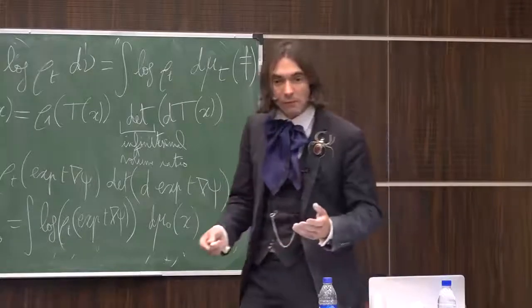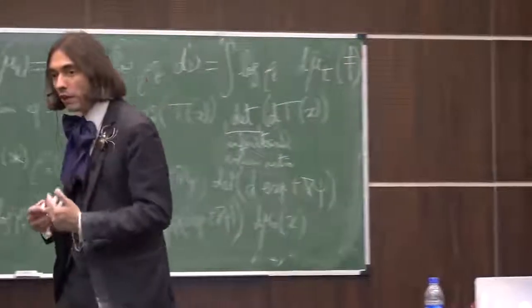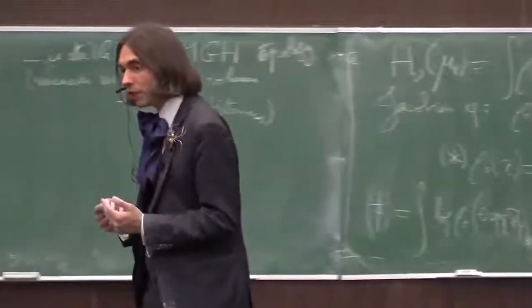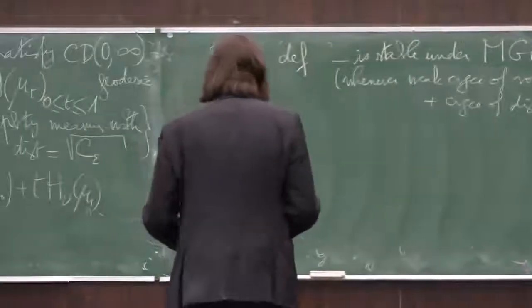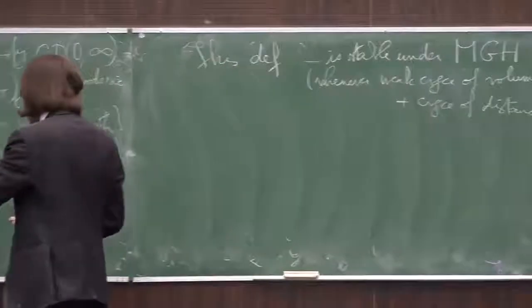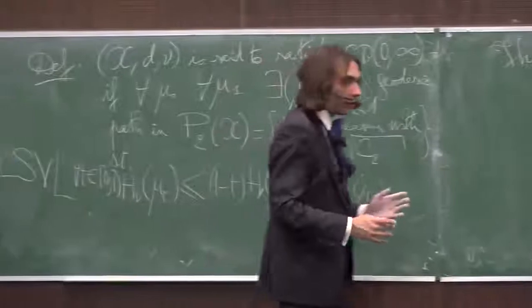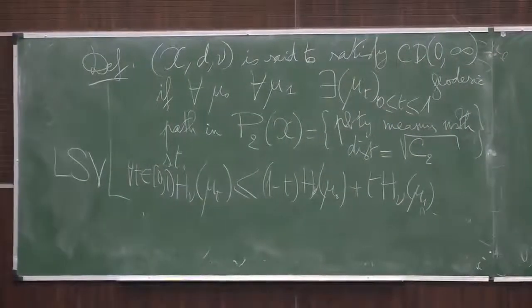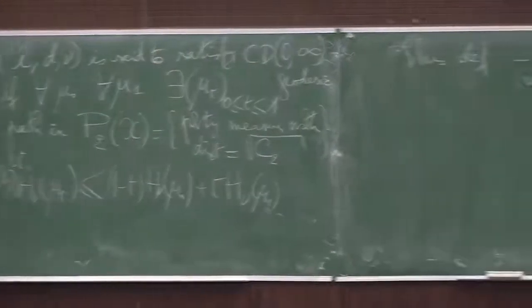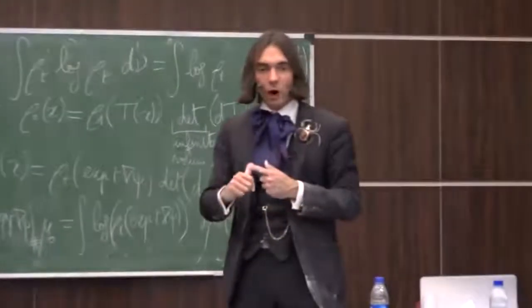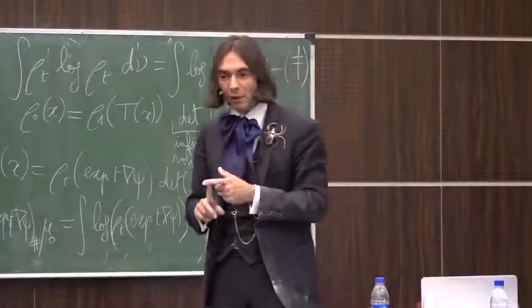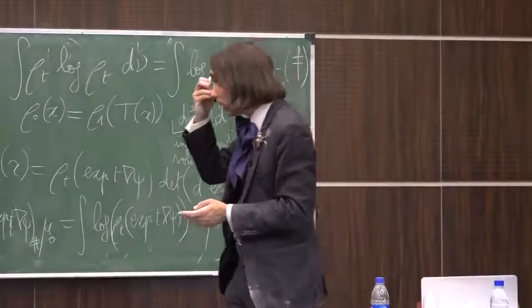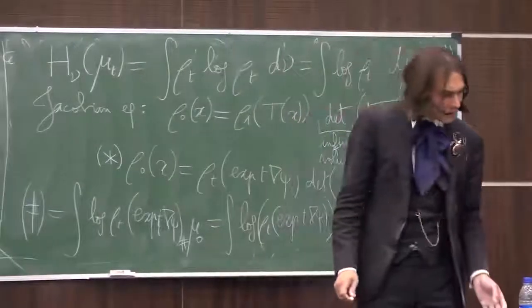The problem seems so simple, but the only way we know to prove it is to go through this definition with the entropies. So it's an example of a theorem that looks like a purely geometric problem, but that you solve using tools from optimization and statistical physics. So this definition is stable.